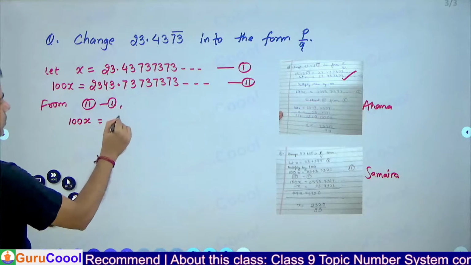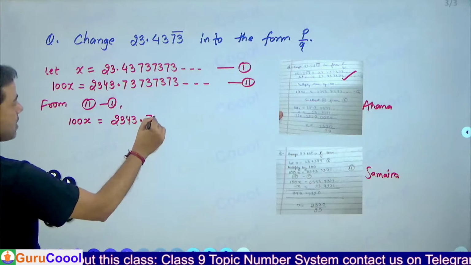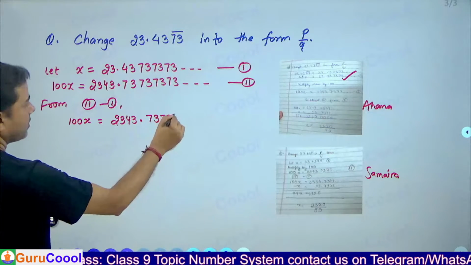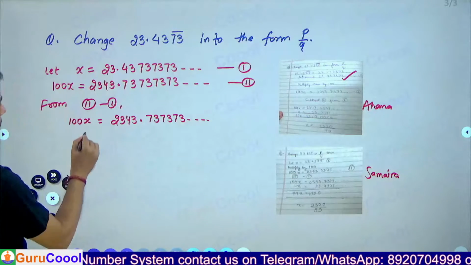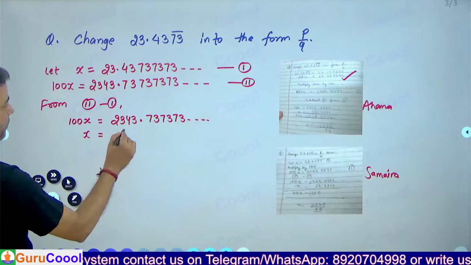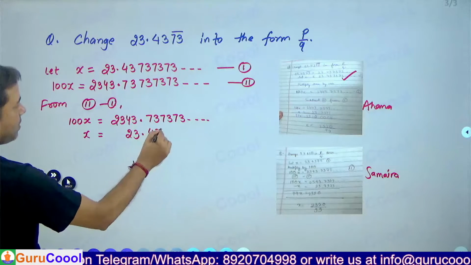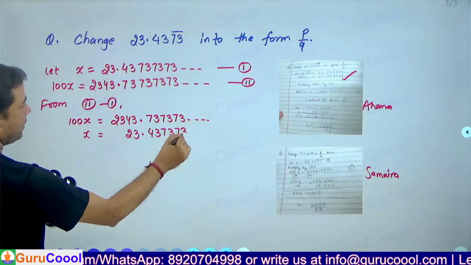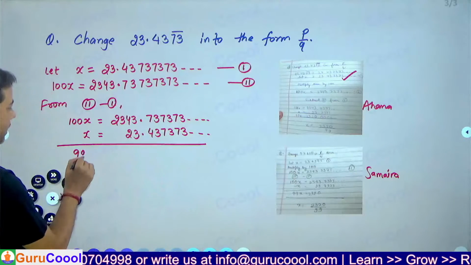100x is equal to 2343.737373 and so on. Below it, the first equation, x equals 23.437373 and so on. If we subtract, we get here 99x.